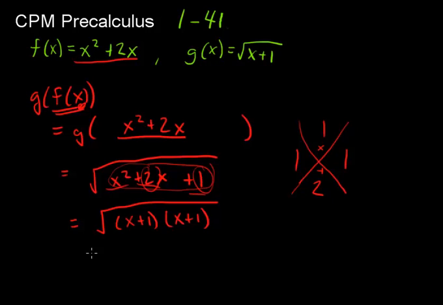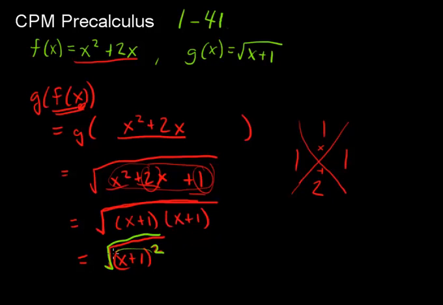Okay? Now, here's the tricky part. We have the square root of something squared because x plus 1 times x plus 1 is x plus 1 squared, right? Now, I'm going to change the color. The square root and the squared are opposites. They cancel out.